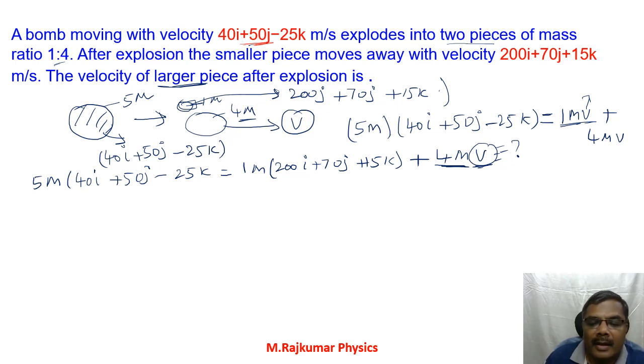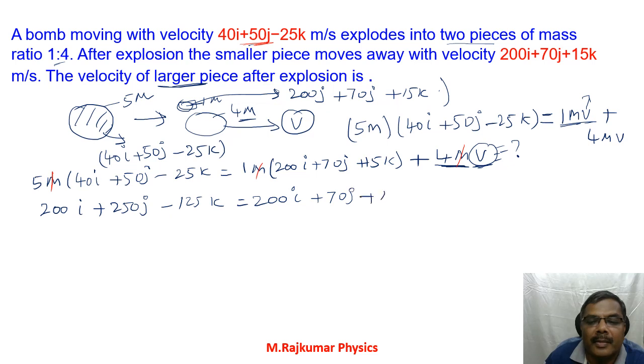So here I can cancel all the masses from this equation. Then 5 into 40 will be 200i, plus 5 into 50 will be 250j, minus 25 into 5 will be 125k, which will be equal to 200i plus 70j plus 15k plus 4v.